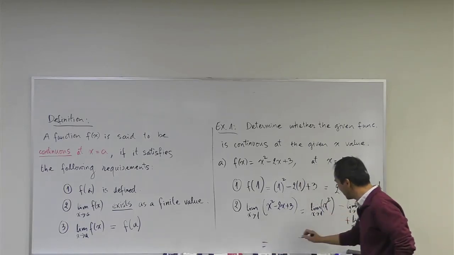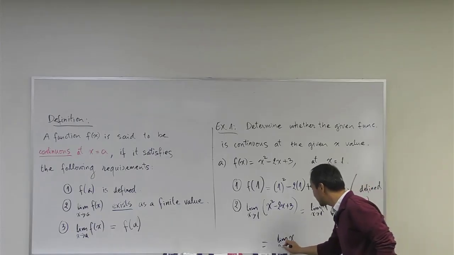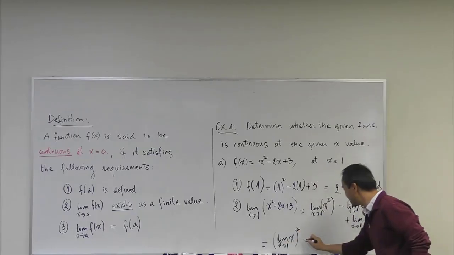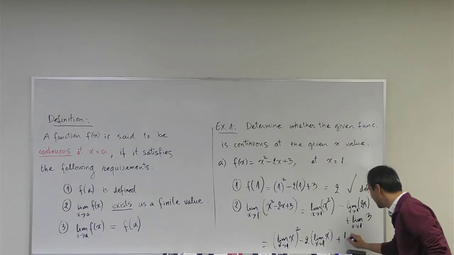Continuing further with that, we're looking at the limit of x for that first term, when x comes to 1, and we square that term. This gives me minus 2 times the limit for that simple function x. Are you following? And plus the limit of the constant term 3 when x comes to 1.